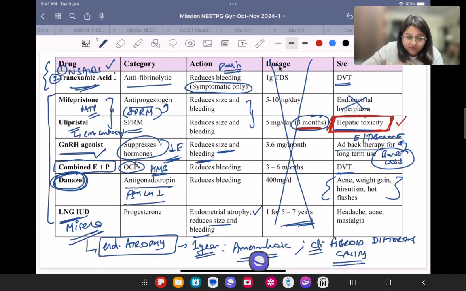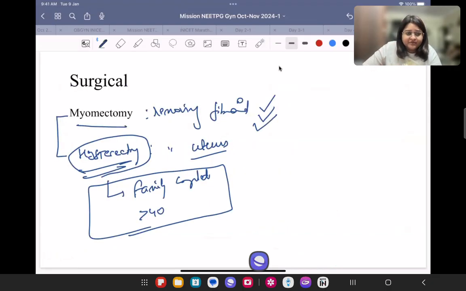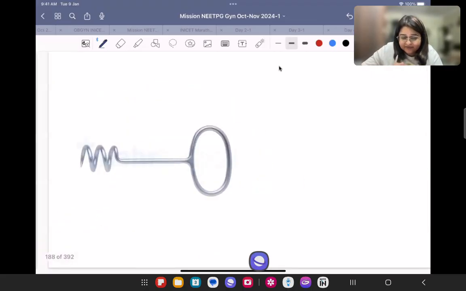FSH, LH कम हो जाता है. Gonadotropins are FSH, LH, these will reduce. Okay. So myomectomy or hysterectomy, these are your options. Myomectomy is usually reserved for those patients who are infertile, and hysterectomy is for those patients whose family is complete.